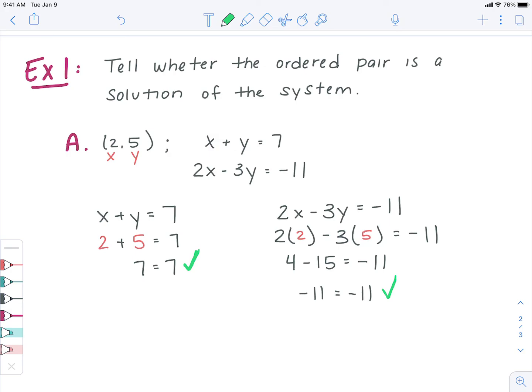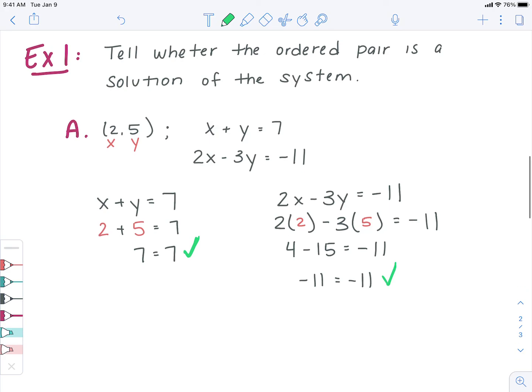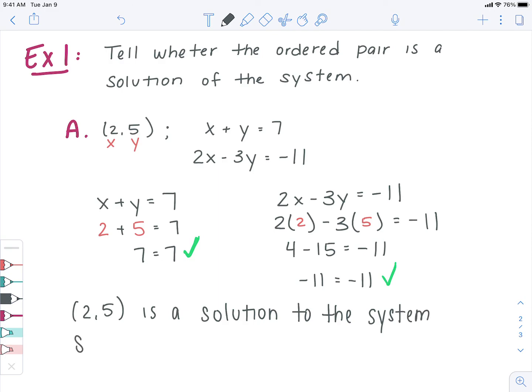So we can say (2, 5) is a solution to the system since it makes both equations true.